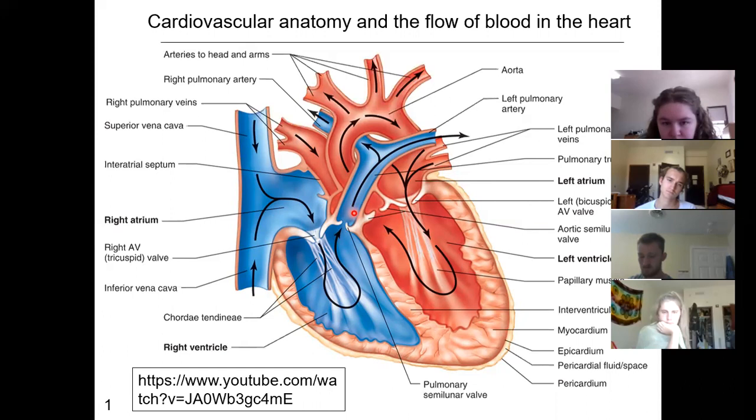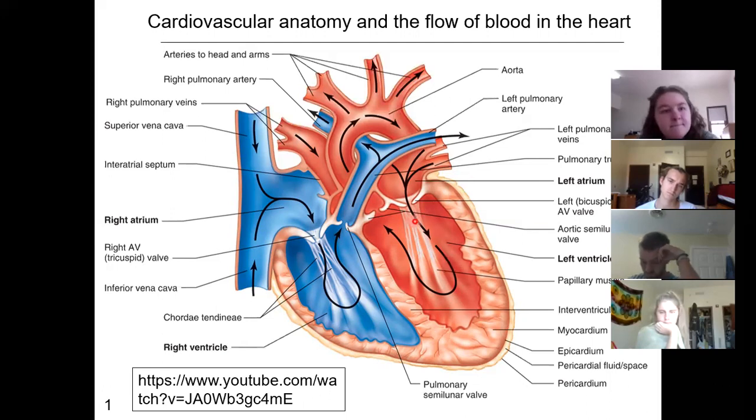At the same time, the left ventricle contracts, the myocardium of the left ventricle contracts. The pressure in the left ventricle increases.